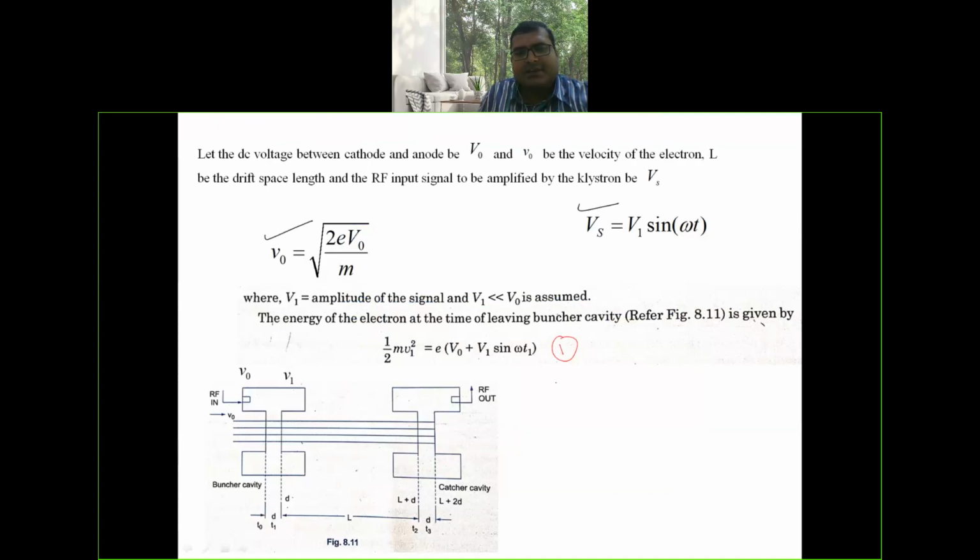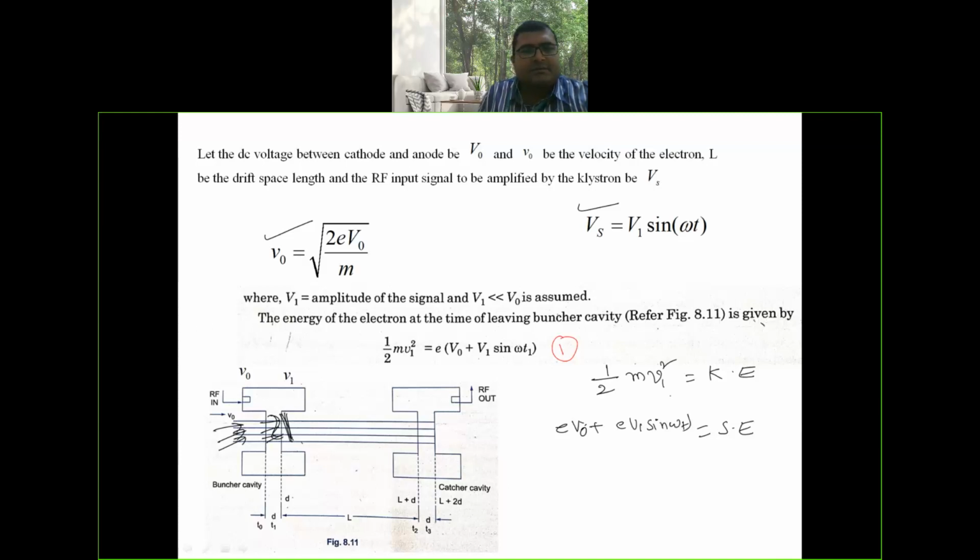The kinetic energy of the electrons at the time of leaving the buncher cavity is given by half m v1 square. And the static energy of the electrons at the time of leaving the buncher cavity, these electrons being generated by the electron gun and affected by the gap voltage V1 sine omega t.